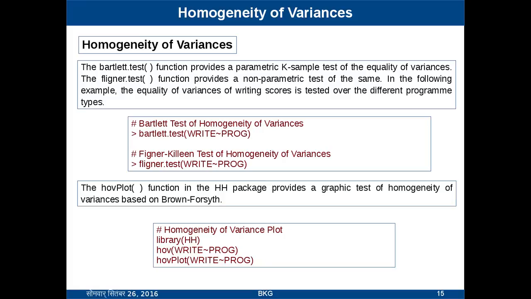The Bartlett test function provides a parametric k-sample test of equality of variances in R. The Fligner test provides a non-parametric test for the same. So if we want to test the homogeneity of variances with Bartlett's test, we use this R code, and for the non-parametric we use this Fligner test.